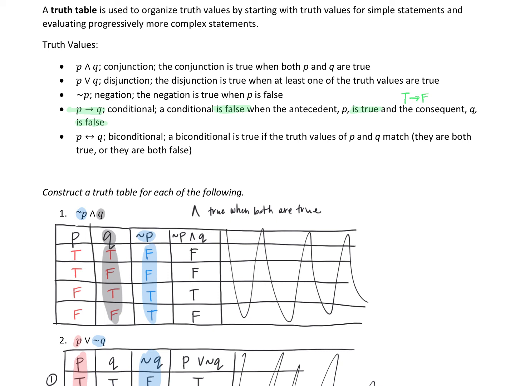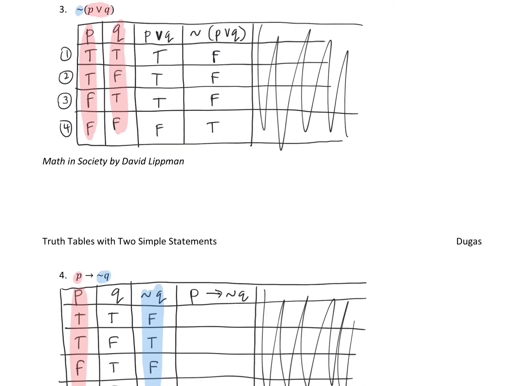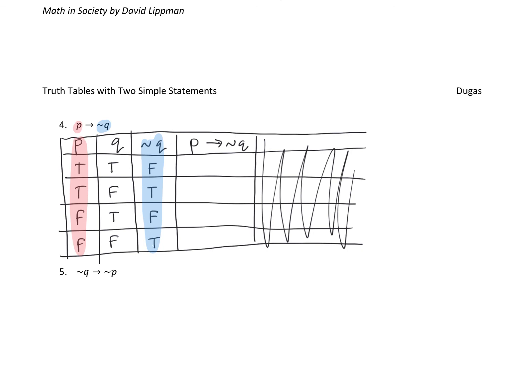The first thing is true and the second thing is false, then overall it's false. Any other time it's true. So for the conditional statement, true, false means false. It's always true otherwise.